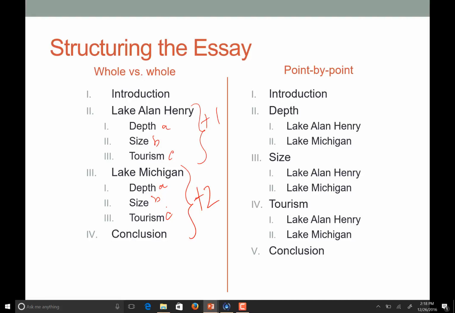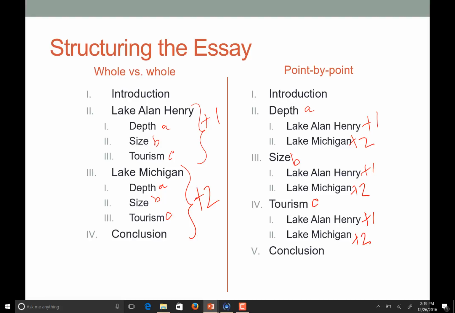Point by point organization is a little bit different. Rather than concentrate and put the focus on our topics, we're going to break our essay down by points of comparison. So we're going to talk about depth, topic 1, topic 2. We're going to talk about the second point of comparison, topic 1, topic 2, and then the third point of comparison, topic 1, topic 2.